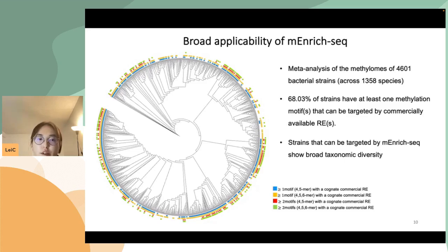And then we built a phylogenetic tree here. All these strains that can be targeted by mEnrich-seq demonstrate a very broad taxonomic diversity. So the conclusion here is that mEnrich-seq shows broad applicability for bacterial enrichment.